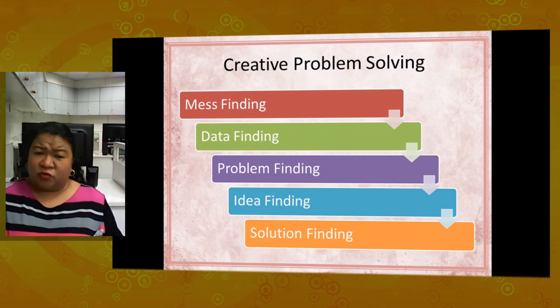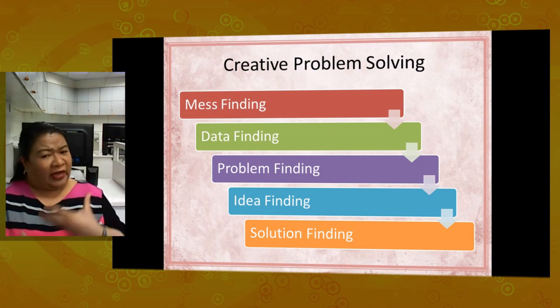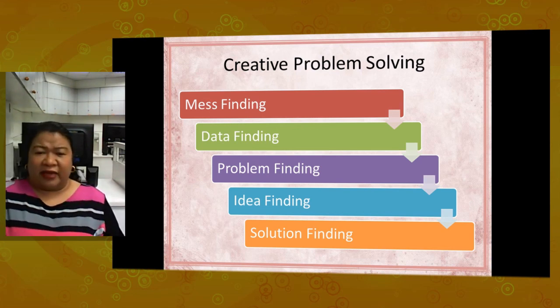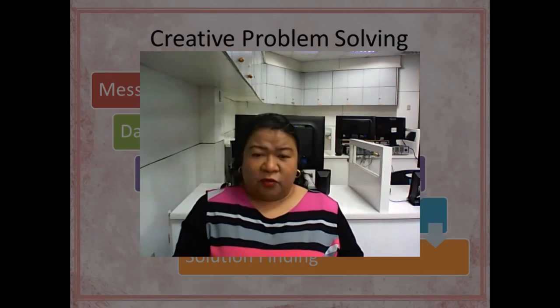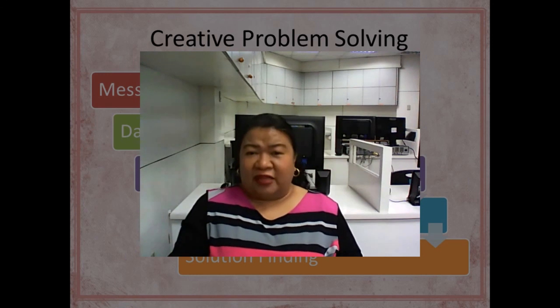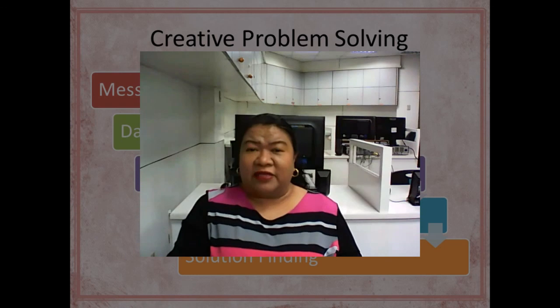The third is, what is actually the problem that needs to be solved, and then you look for different ideas. That's idea finding, and then solution finding, and the last is actually accepting the solution. So that is creative problem solving. We will do a lot of these exercises when we have our face to face session.